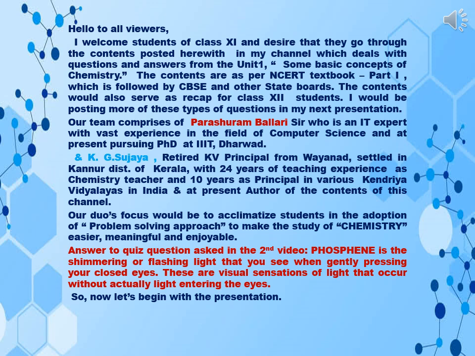It is due to the mechanical stimulation of the retina, causing the optic nerve to send signals to the brain that are interpreted as light. So that's the answer. Now let's begin with the presentation of questions and answers from the unit, some basic concepts of chemistry.